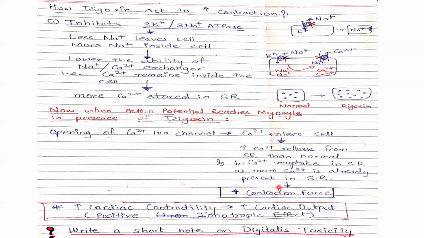So basically, free calcium available in the cytoplasm for action, that is contraction, is in more amount, and that is how there is increase in the contraction force, and this leads to increase in cardiac contractility and increase in cardiac output, and this is nothing but positive inotropic effect of digoxin.